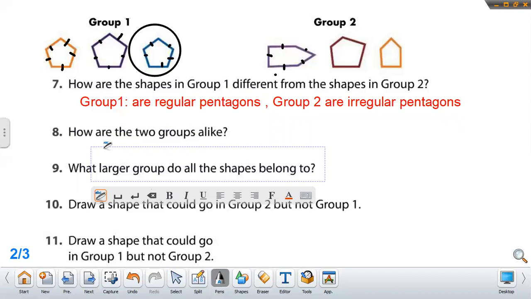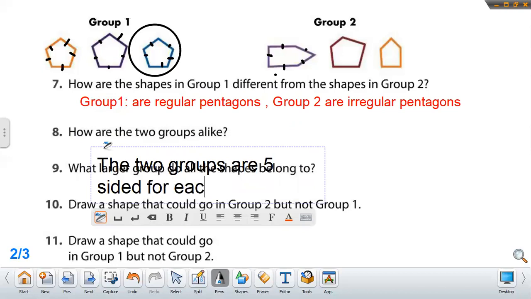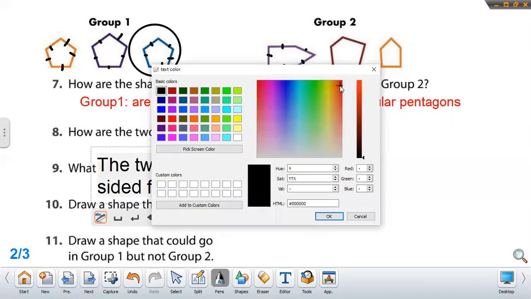The two groups have 5 sides for each shape. Let's write it.